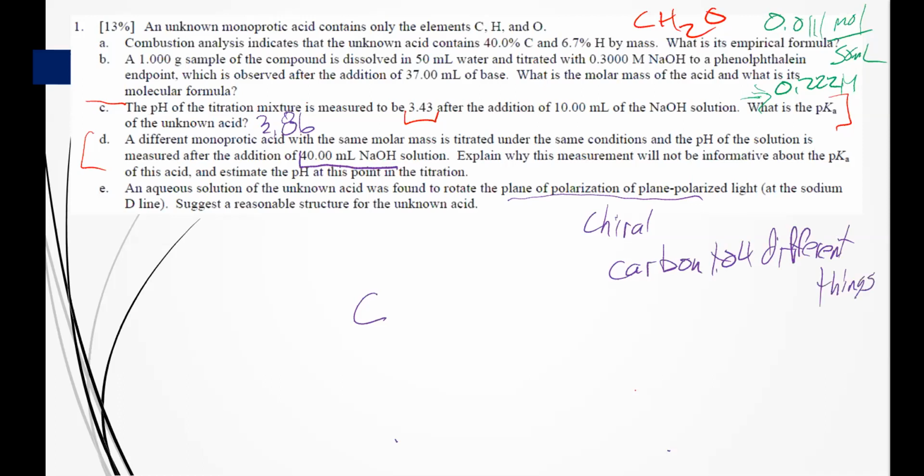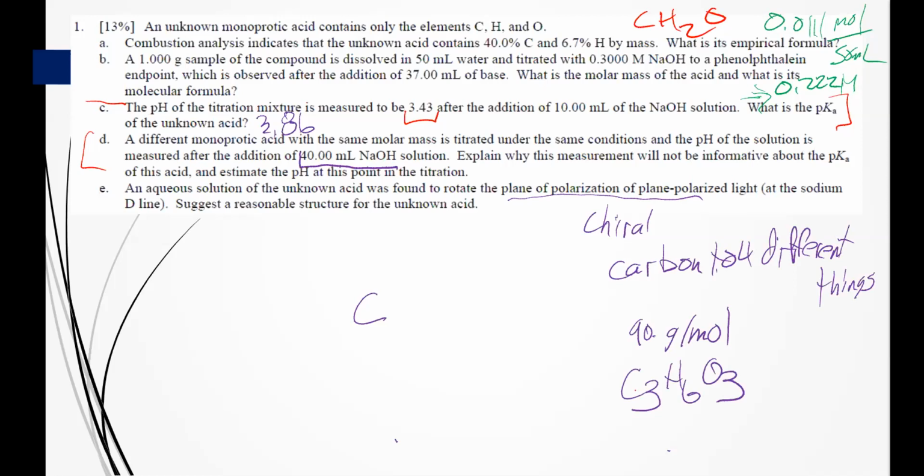Now, from there, there's a lot of things that you could piece together. We know that our molar mass is 90 grams per mole, and we know the empirical formula up there, which has a molar mass of 12 plus 2 plus 16, which is 30. So we know that its molecular formula is C3H6O3.